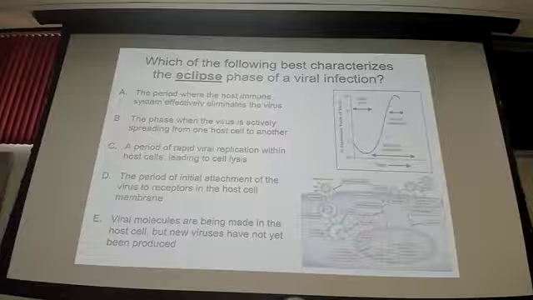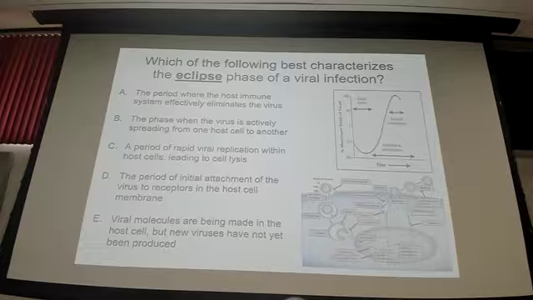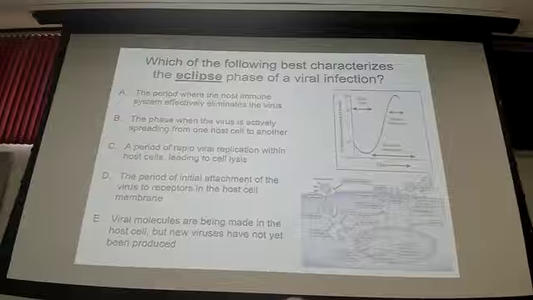Now, letter D, the period of initial attachment of the virus to receptors in the host cell membrane. What do you guys think about that? Okay, so let's say you've got a virus particle like influenza that's attached, its hemagglutinin has made that initial attachment to sialic acid residues, and that's all it's done, it's just hanging on the surface.